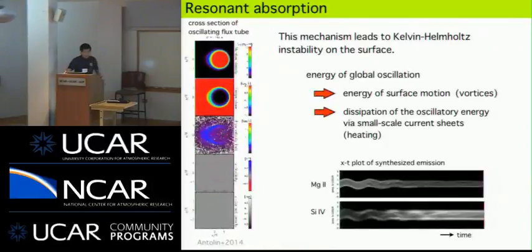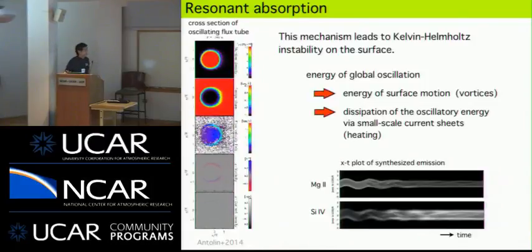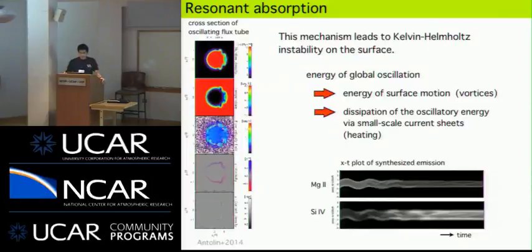And such resonant absorption excites Kelvin-Helmholtz instability on the surface of the oscillating flux tube. And such motions produce vortices on the surface.